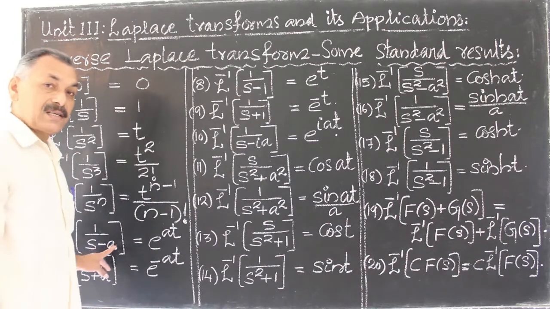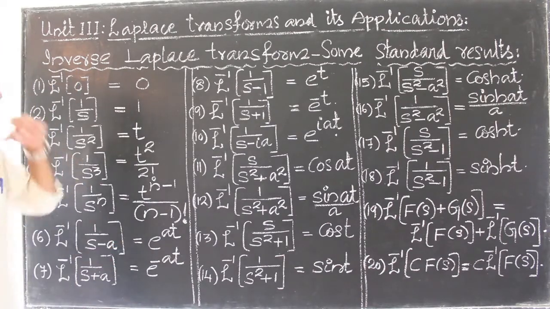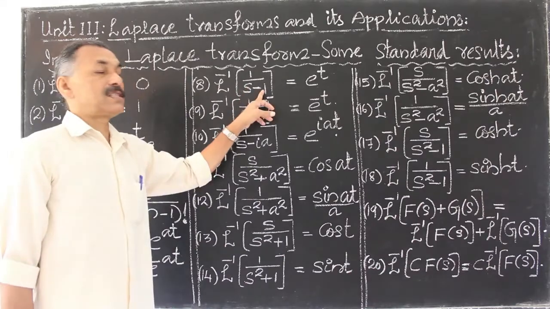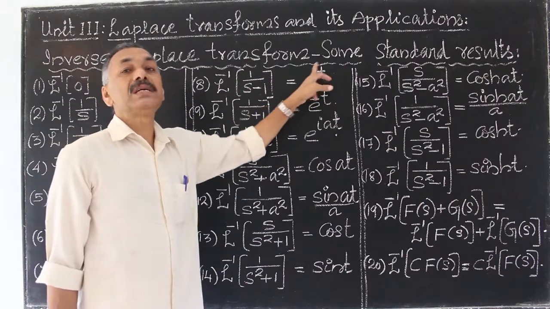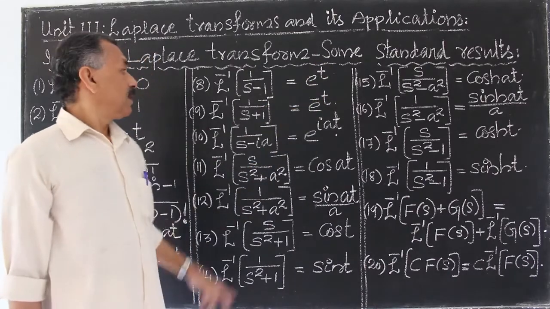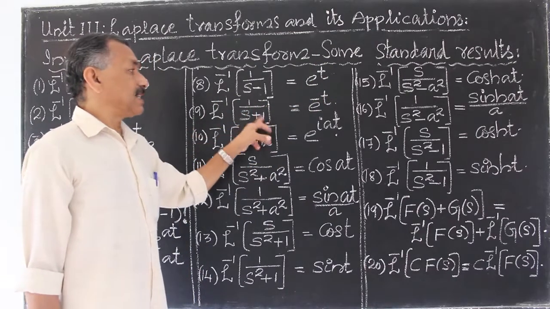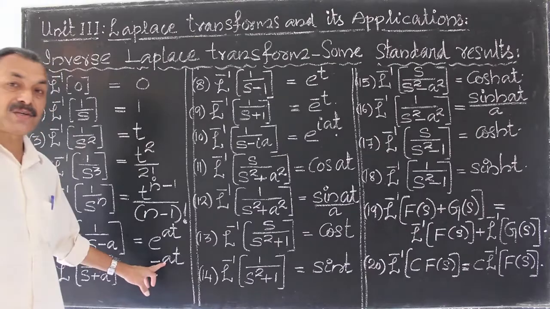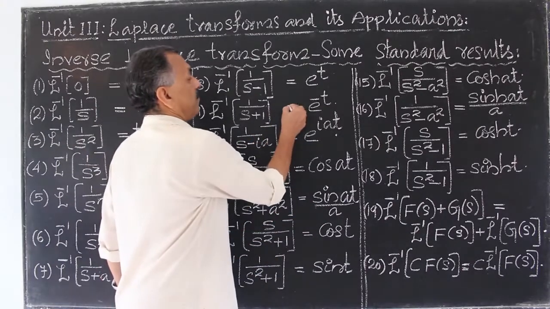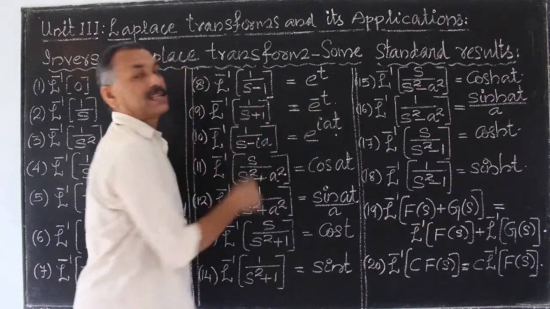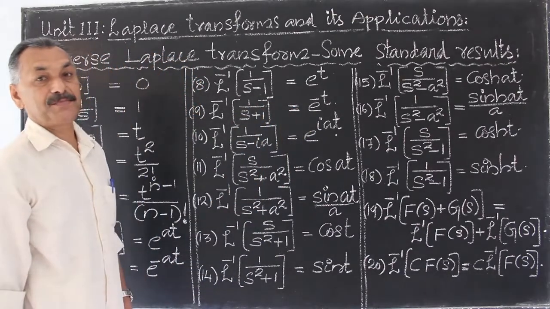In these results, let a is equal to 1. Then L inverse of 1 divided by s minus 1 is equal to e raised to t, and L inverse of 1 divided by s plus 1 is equal to e raised to minus t.